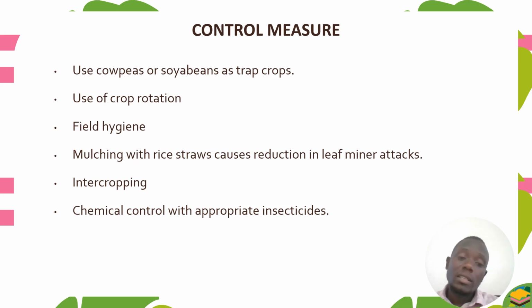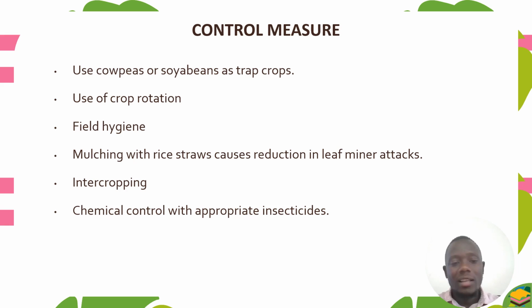Then field hygiene is also one way of controlling groundnut leaf miner. Then I've got mulching with rice straw. It causes a reduction in leaf miner attacks. So you mulch the field with the rice straw. This also reduces the leaf miner attack.